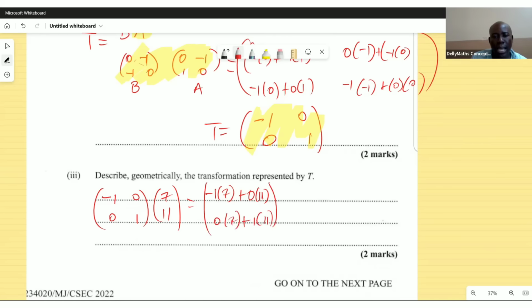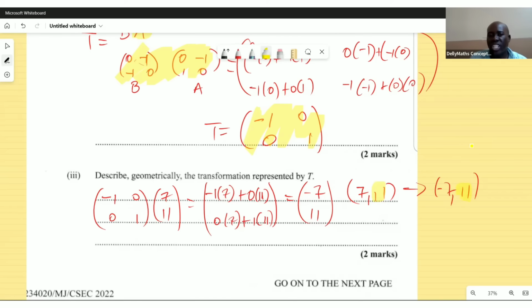Now let's check this out. I'll end up with negative 7 and 11, which means that my coordinate would have changed from 7, 11 to negative 7, 11. What transformation would have done this to a point? It kept the y value the same and changed the sign of the x value.